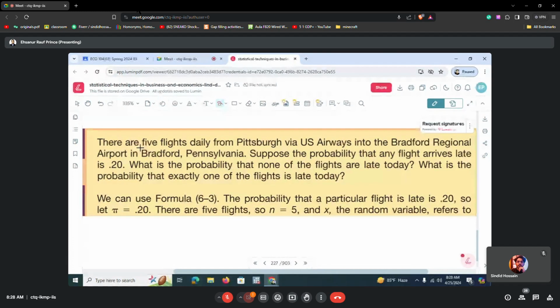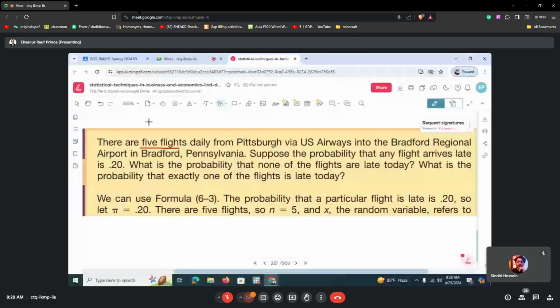There are 5 flights daily from Petersburg via US Airways into the Bradford Regional Airport in Bradford, Pennsylvania. So how many flights are there? 5 flights.